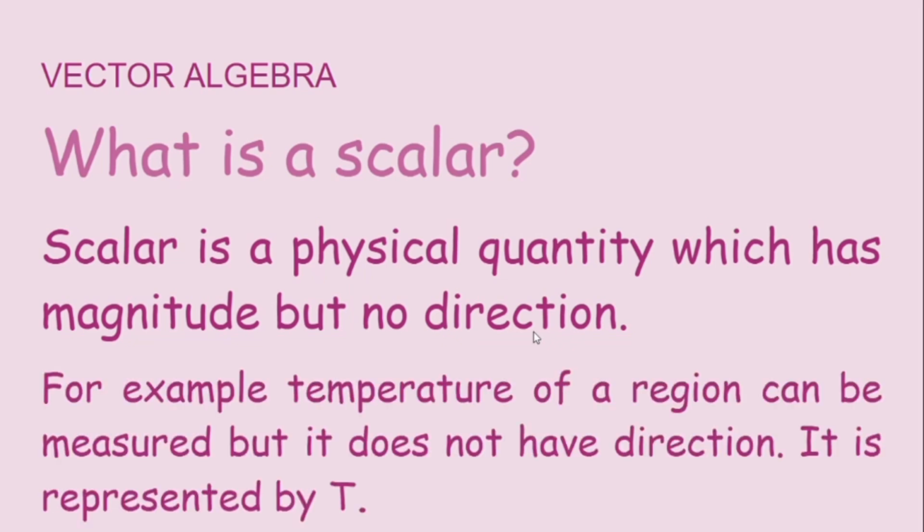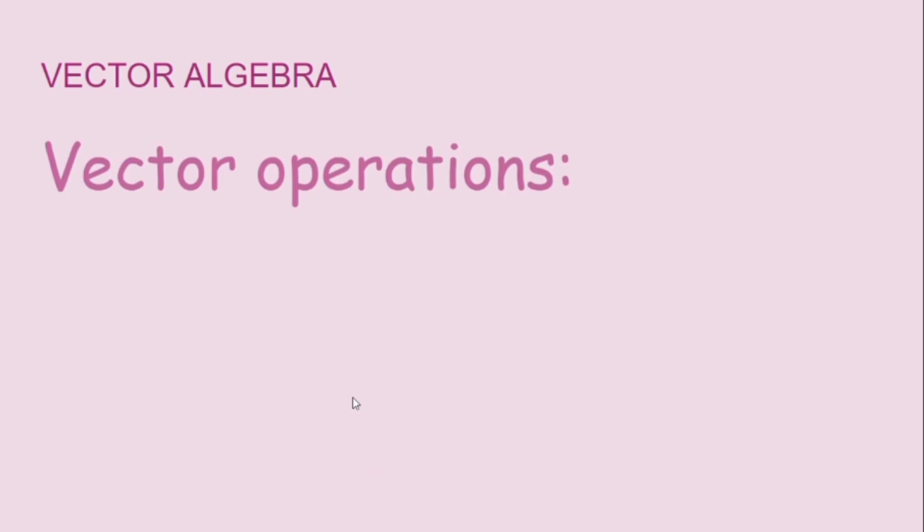For example, temperature has no direction but it can be measured. Length has no direction but it can be measured. And scalars are represented by simply their symbols, no bold or arrow or bar on the letter. So now we have the first subtopic, vector operations.